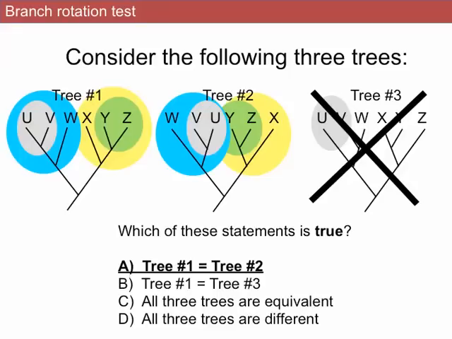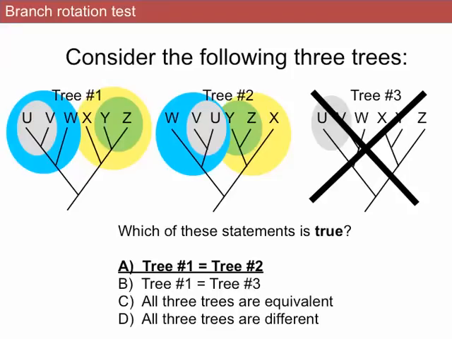So for the bottom node, they're all the same. Here's another node, U, V, and W in each. So even tree 3 has the same descendants from that node. But if we go up to this node, now we have U and V. Can we find a node like that in the other tree? There's U and V here, and we can't find a node like that in tree number 3. So they're different.